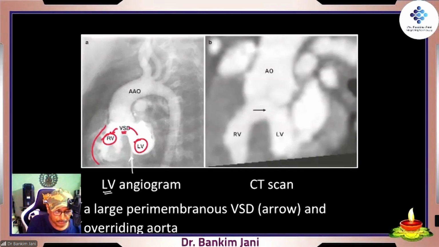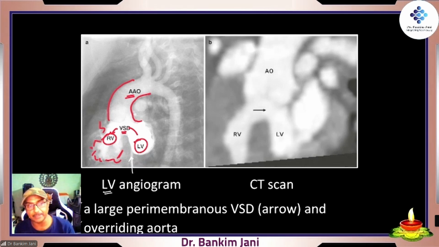So the dye is going into the right ventricle also. So far so good. So here is the right ventricle. The dye is getting spilled into the right ventricle. But then here is our aorta. This is AAO, the ascending aorta. See, this aorta is coming from the right ventricle also and the left ventricle also.